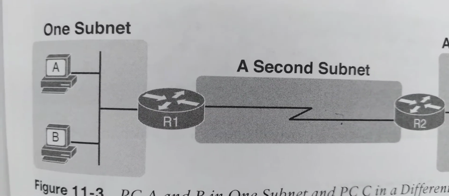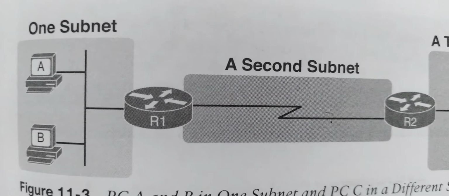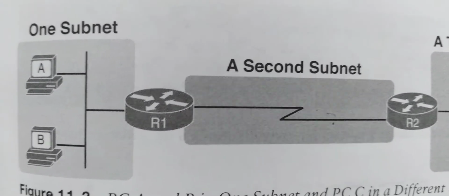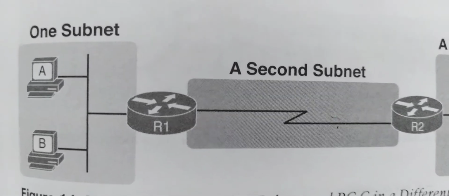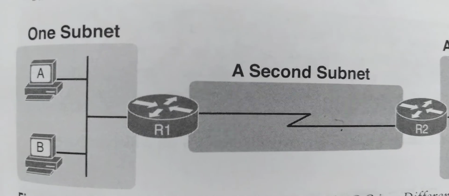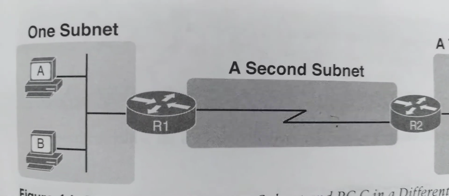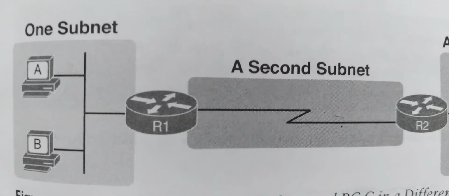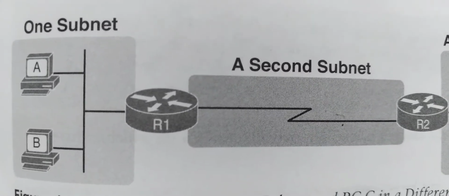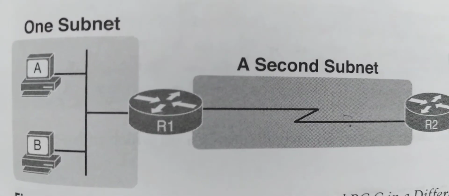To make routing work efficiently, IP addressing rules group addresses into groups called subnets. The rules are as follows. 1. Addresses in the same subnet are not separated by a router. 2. Addresses in different subnets are separated by at least one router.